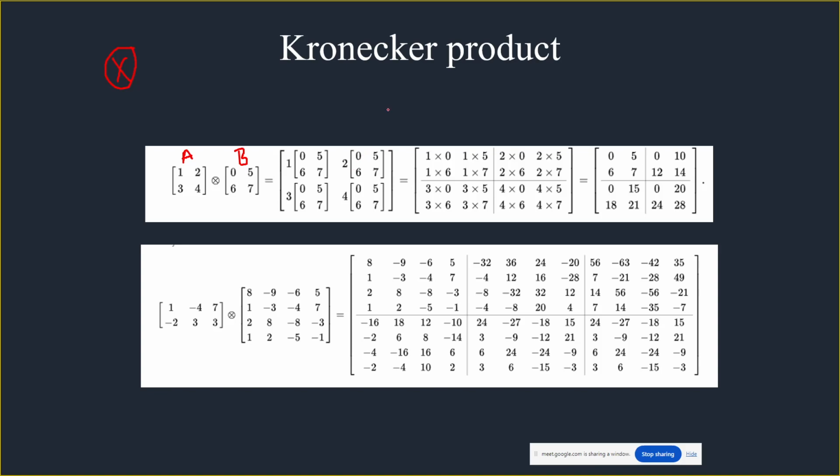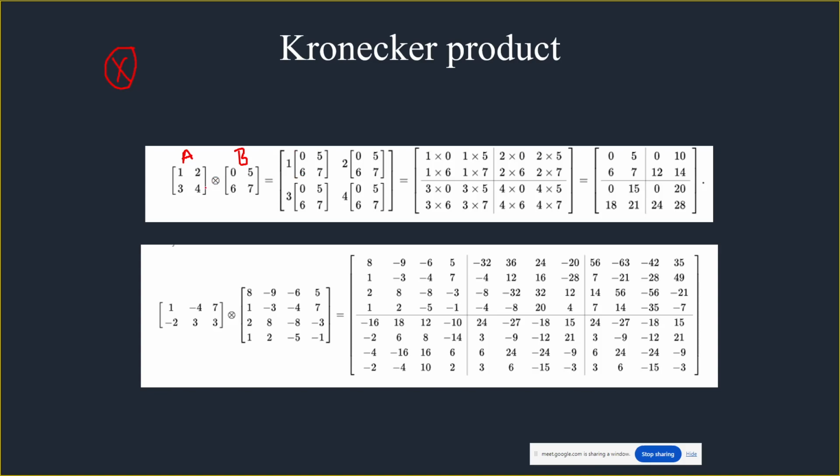For the Kronecker product, you need to multiply each element of the first matrix with the B matrix. We have the first element, which is 1, and we will multiply it with the whole B matrix.